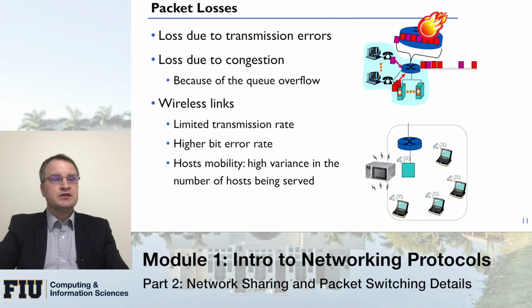Okay, so now talking about packet losses. There are multiple reasons packets can be lost, so let's consider several different scenarios. If we consider wired networks, in the old days when the signal technology was not that good, there could be some random errors in the wires.